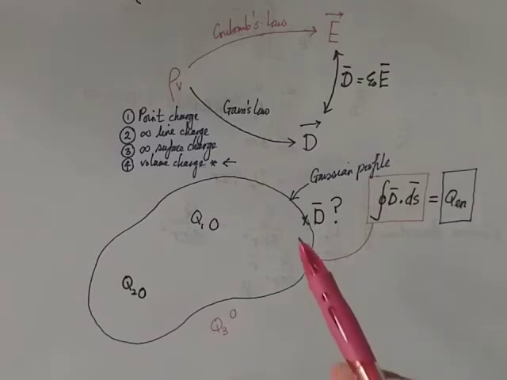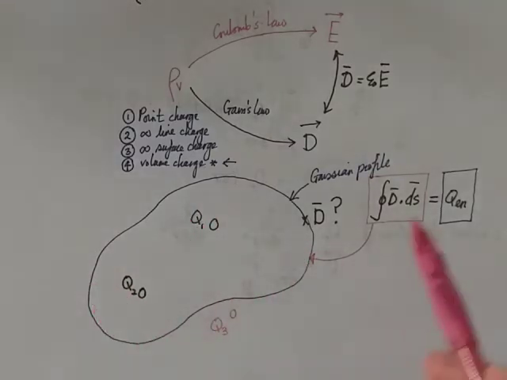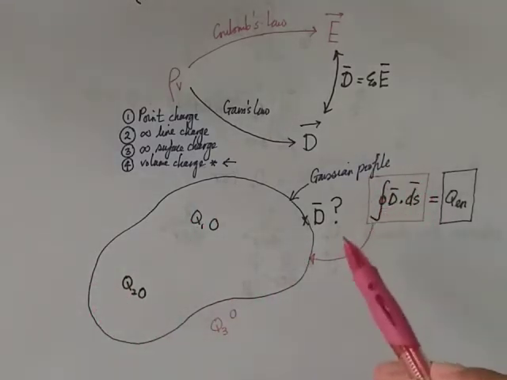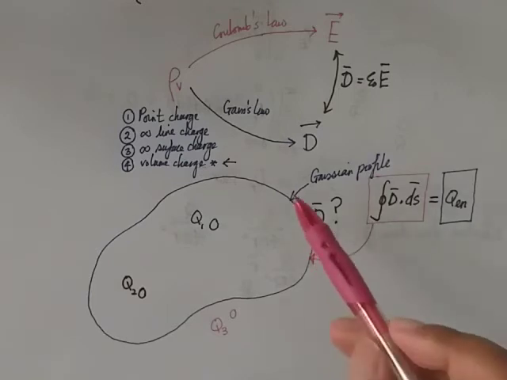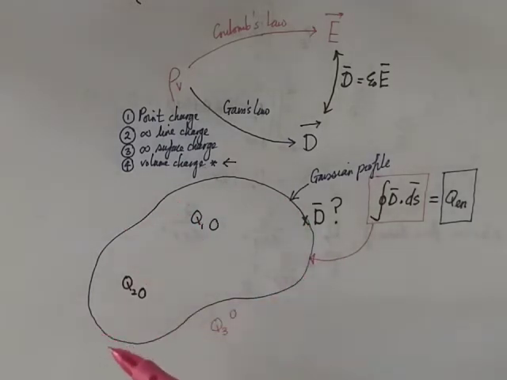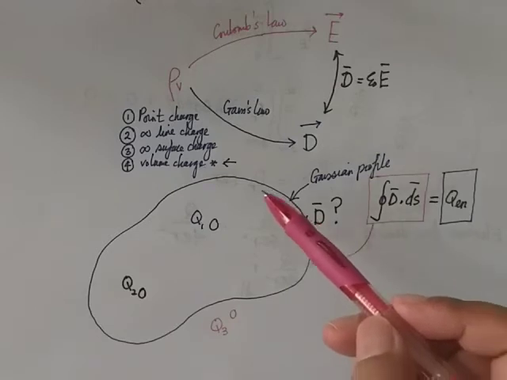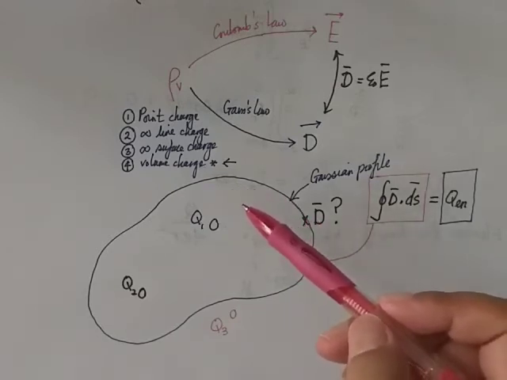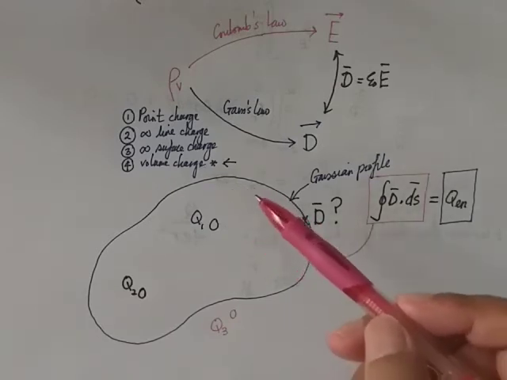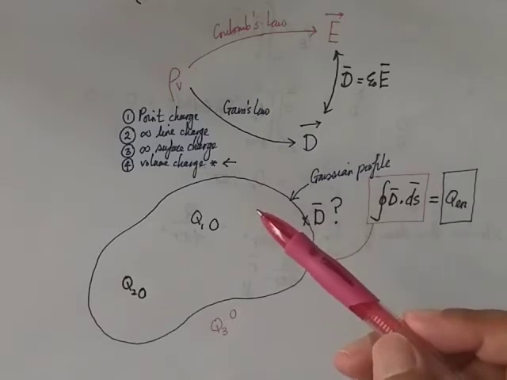Therefore, in order to make this mathematics easy, we should choose the shape of our Gaussian profile to be something manageable, meaning a sphere, a box, or a cylinder.